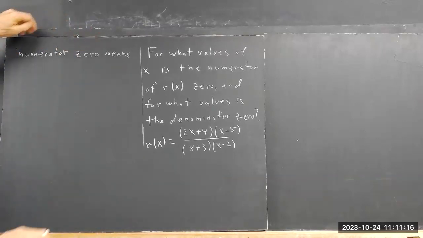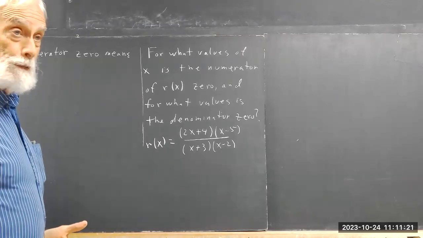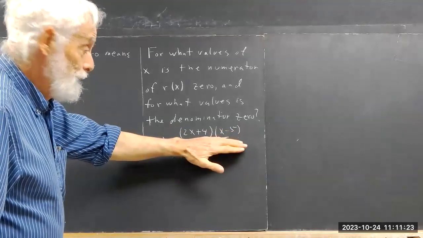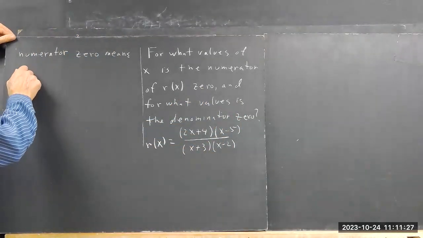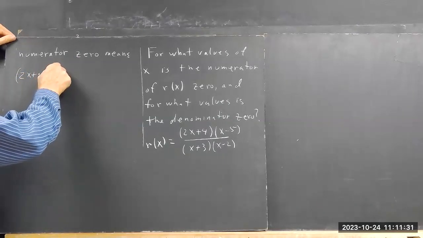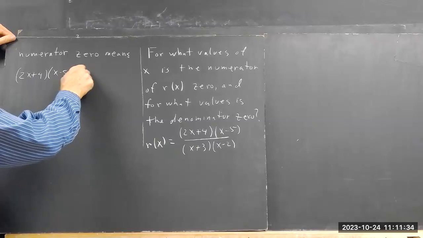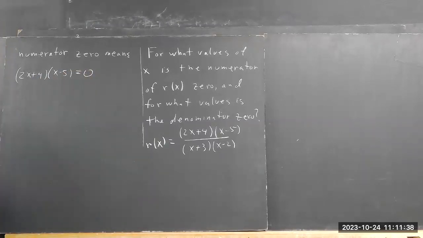Okay, numerator 0 means, well, what's the numerator? I think everybody can identify the numerator. Right there it is. It's above the fraction line. The denominator is below, and everybody knows that. Okay, that means that 2x plus 4 multiplied by x minus 5 equals 0. That's an equation that you can easily solve.